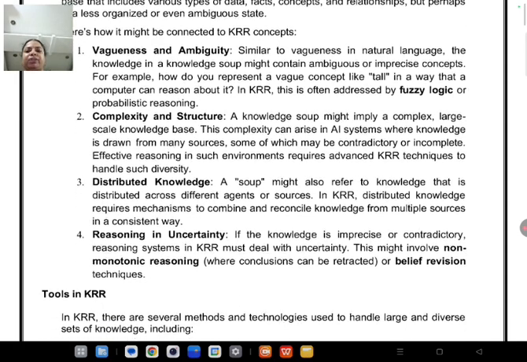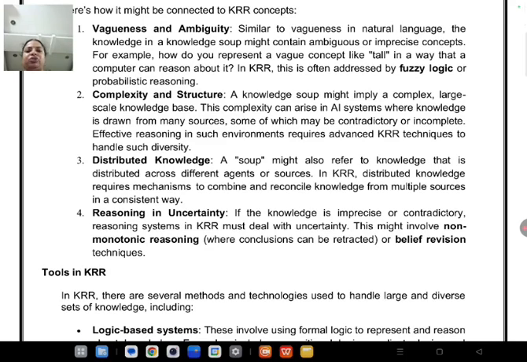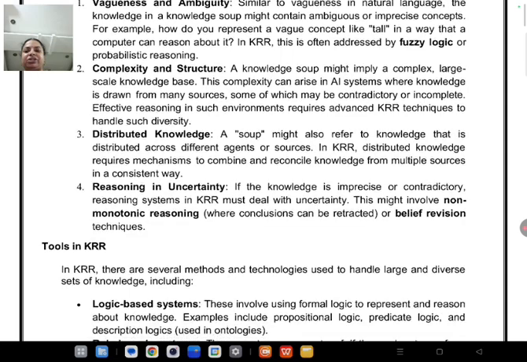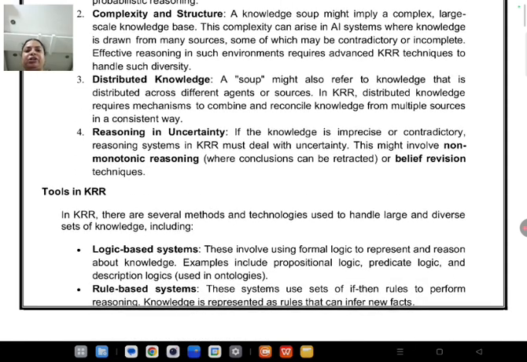Another one is complexity and structure. Whenever we are dealing with complex, large-scale data structures, we need to decide how complex the system is and how the structure is to be decided for those complex data structures.